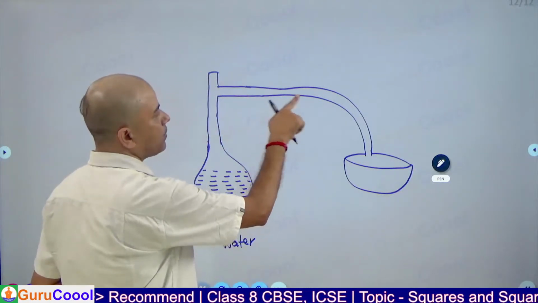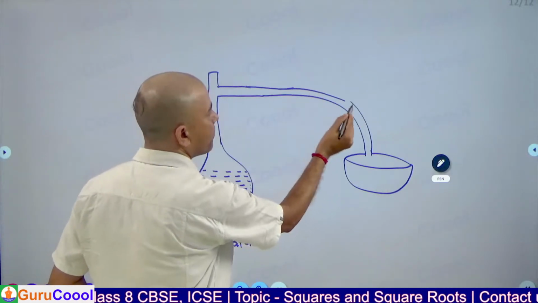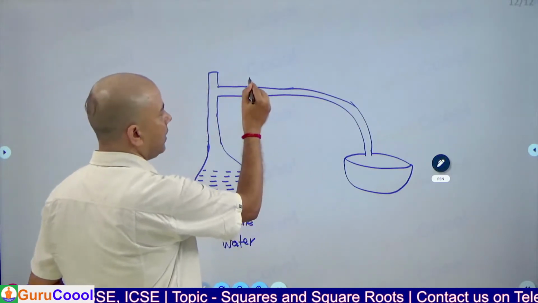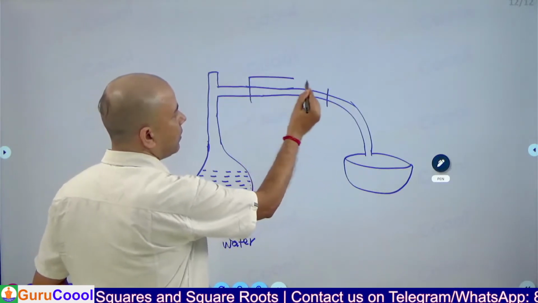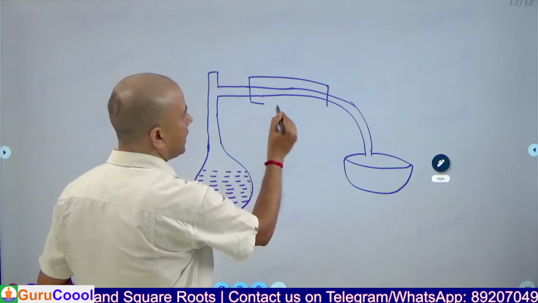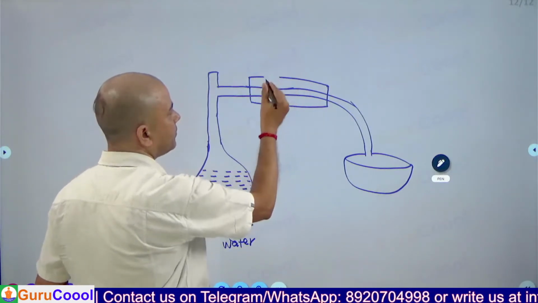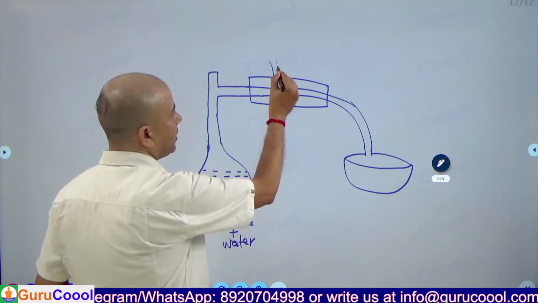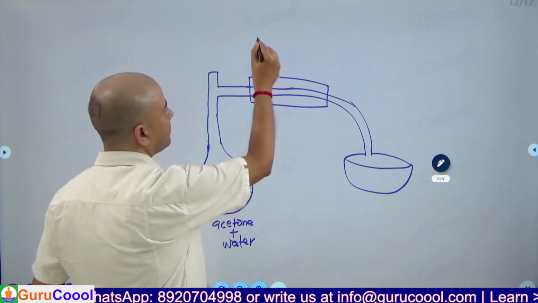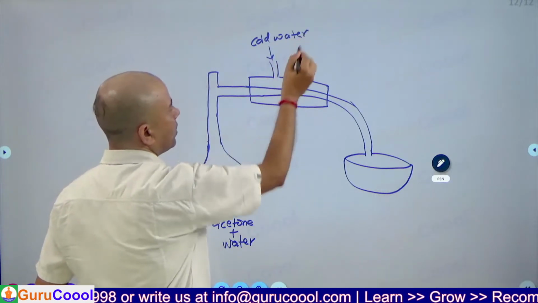Now this pipe is surrounded by some other material which has empty space and which is supplied with cold water.